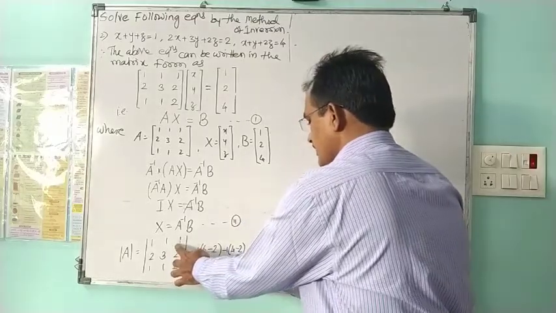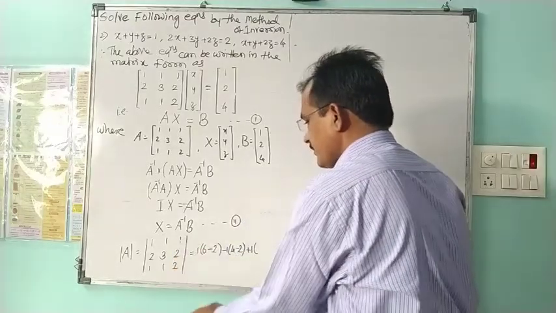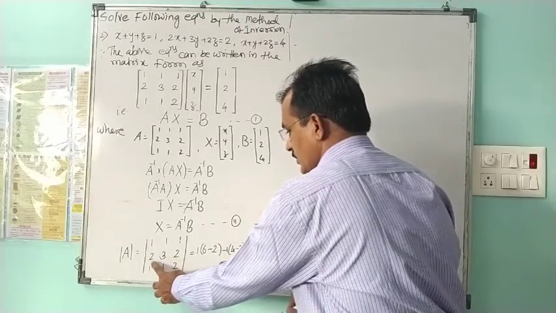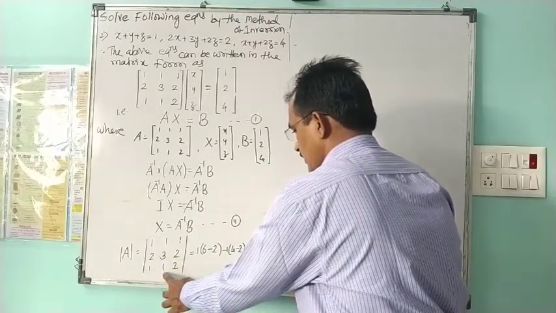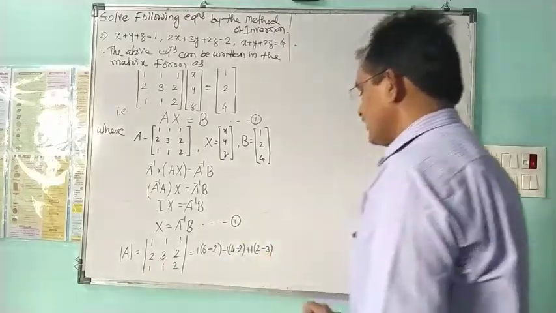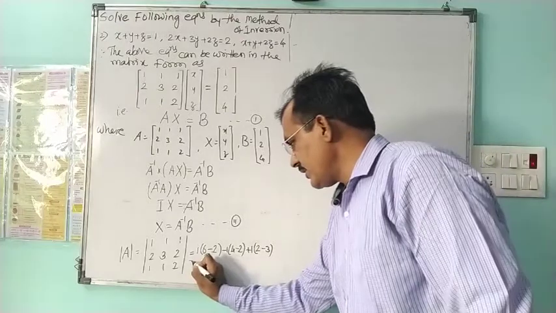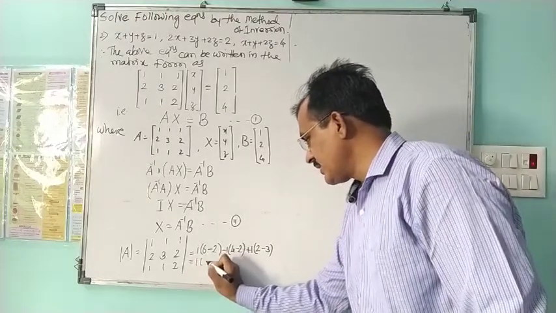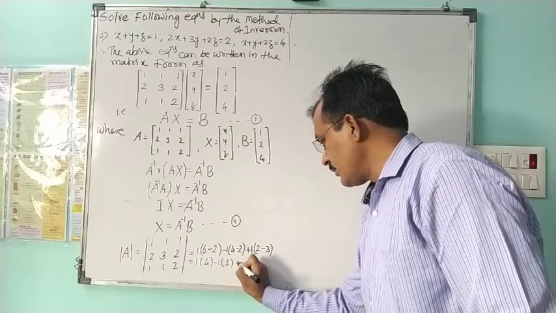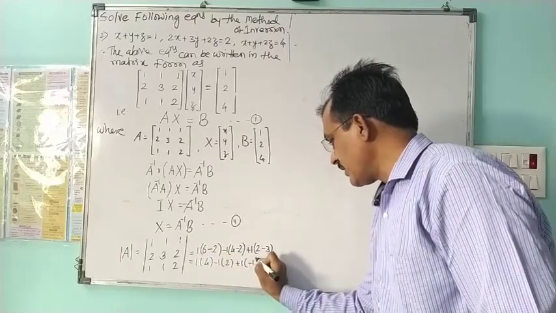plus 1 and cross of the remaining 4 in second row. So this gives us 2 and minus, by the formula, the product of the next 2 gives us 3. So what we have in each bracket, we will have the difference as 4 minus 1 with 2 plus 1 with minus 1.